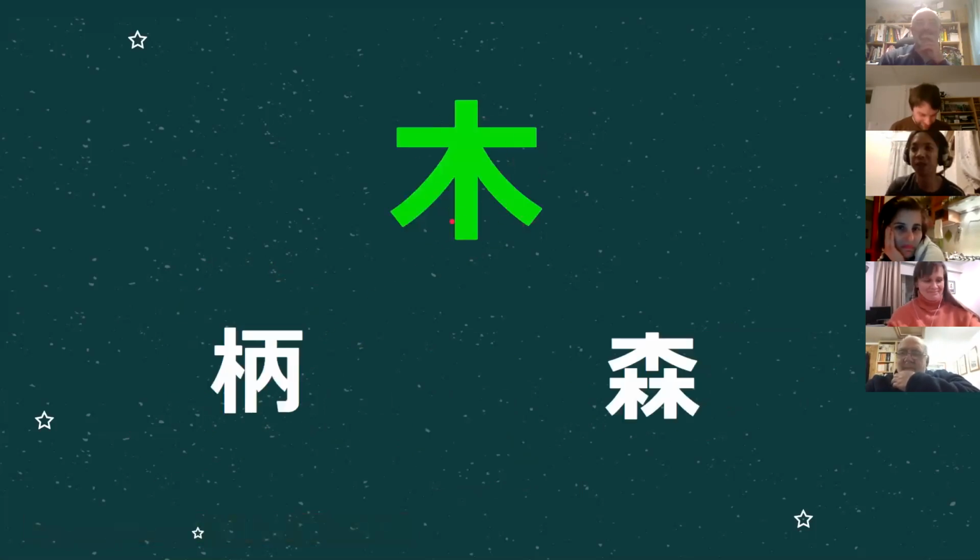And so this is the radical of wood. Actually, it means tree. And when you look at it, it looks like a tree. So when you see this radical as a part of a kanji, then it has something to do with trees, or it has something to do with wood, not morning wood.